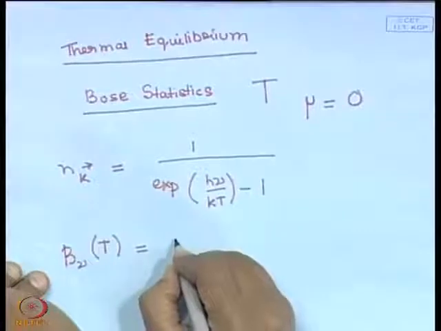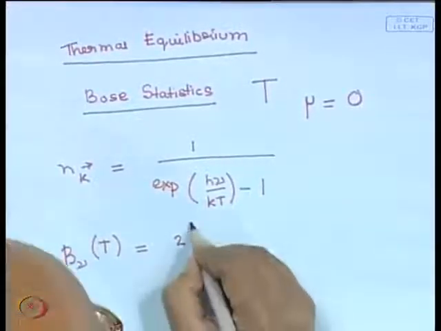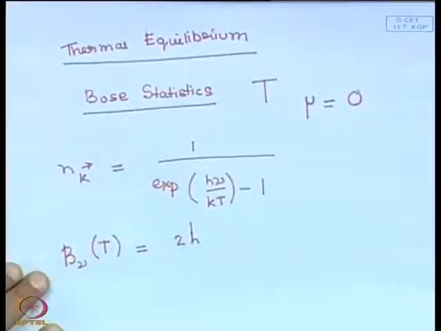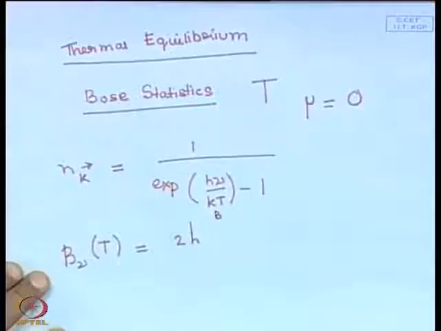So, here h is the Planck constant, okay, bear this in mind, and for k, we shall use kB here to distinguish it from the wave number. So, kB is the Boltzmann constant and h is the Planck constant.